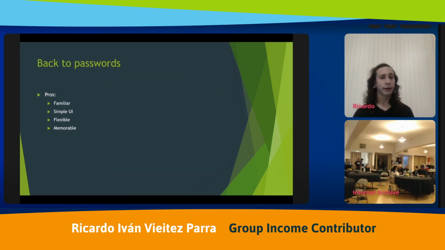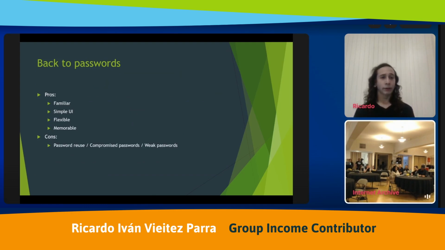It's already been well done, and there's not a big need to deviate from that. They can be flexible in that they work everywhere, and passwords are something that can be remembered. So it can be possible to recover an account by just remembering that password. So it's not tied to some particular device.